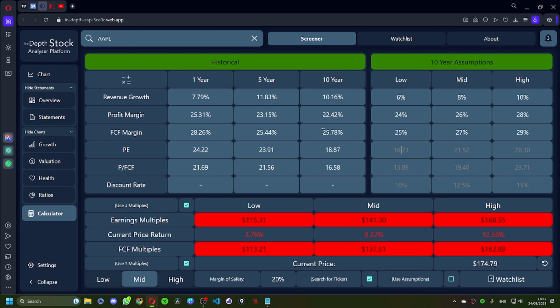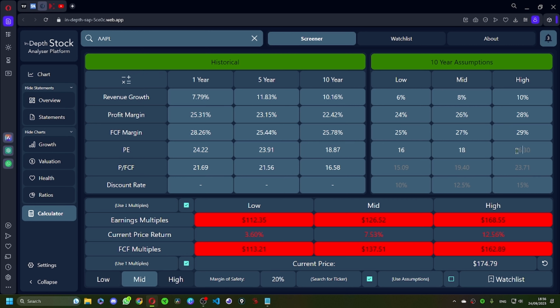And you want to deduce the growth off the 10-year, and the PE you want to deduce off the market average, right? Because you're comparing the company to other companies. So for this, we can go for 16, 18, 20 for Apple, because usually it sells for quite a premium.